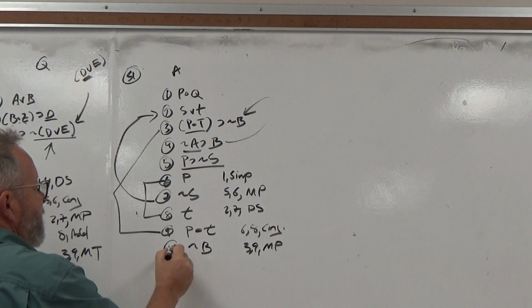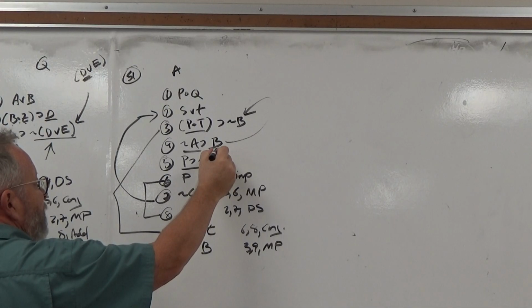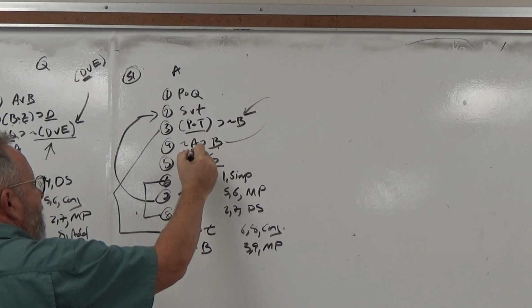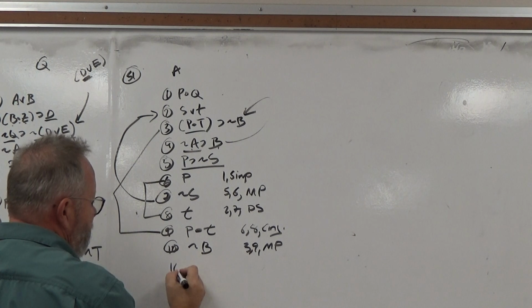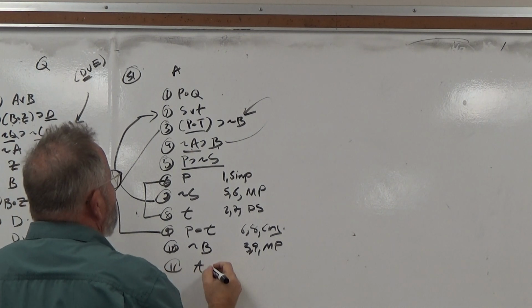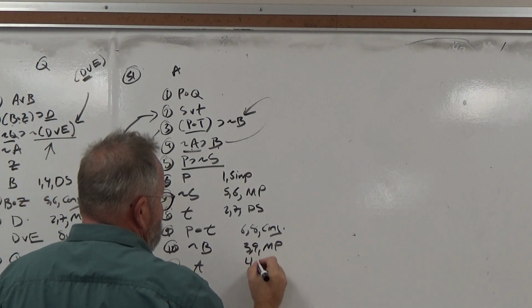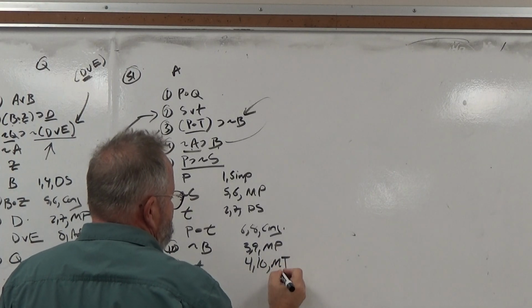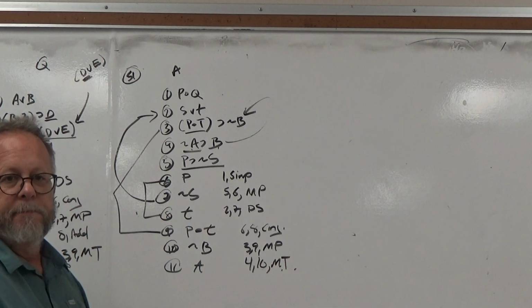And the not B I can use on line 4 and get A by modus tollens. So A, and that's 4 and 10 modus tollens. And I'm done.